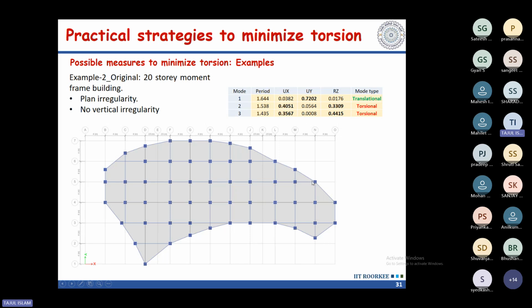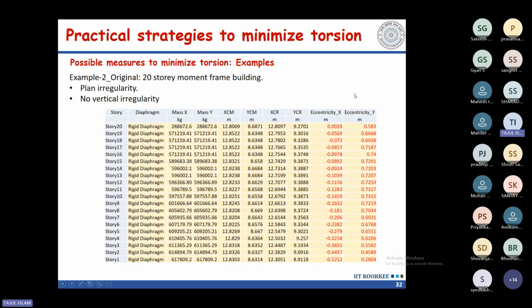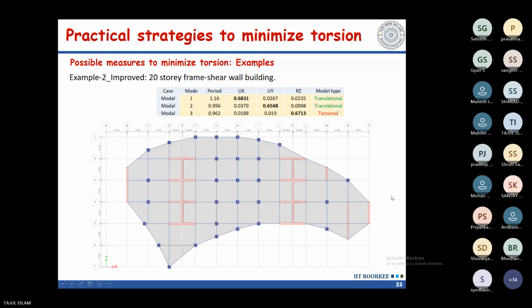So now again I have to improve this structure, and before going to that, you have the eccentricity parameters calculated here. When we present the eccentricity parameters from the improved structure, you will see that eccentricity has in fact increased in the improved structure. We'll discuss that where I present that table.